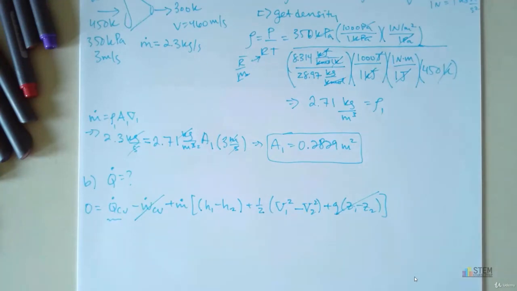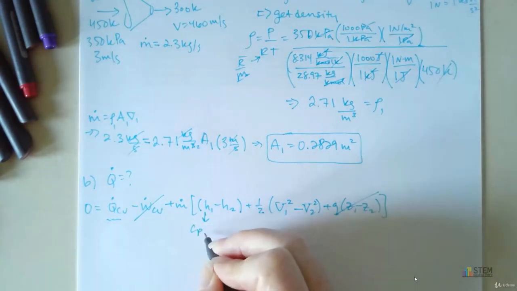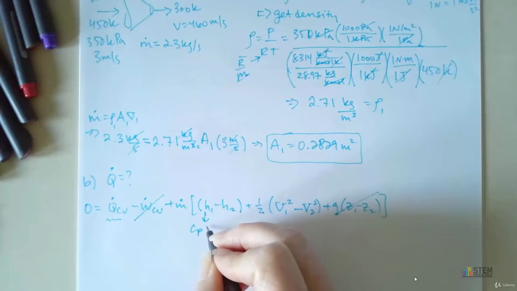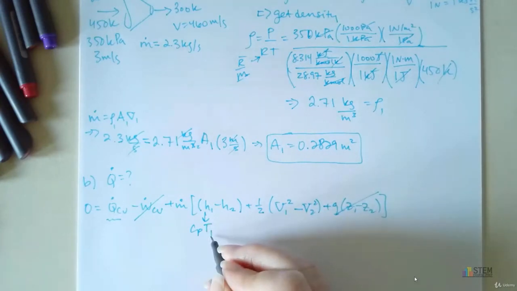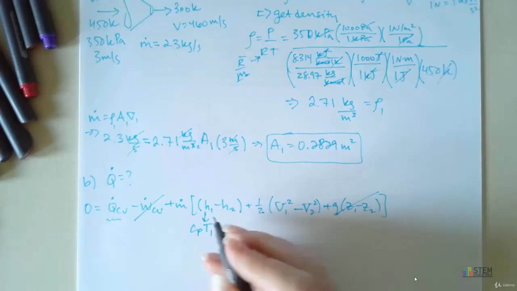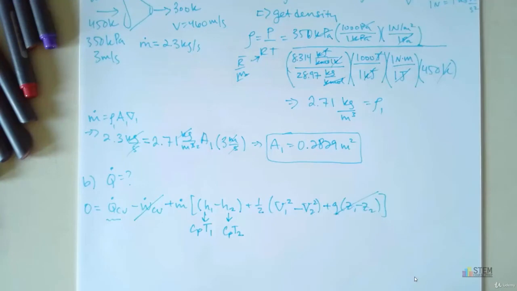Now, consider the fact that the problem gave us the CP value, specific heat at constant pressure. That was given to us, right? So remember that we talked about how H could be CP times T, right? So CP times the temperature at the inlet is going to give us H1. Same thing here. We'll have CP times T2.